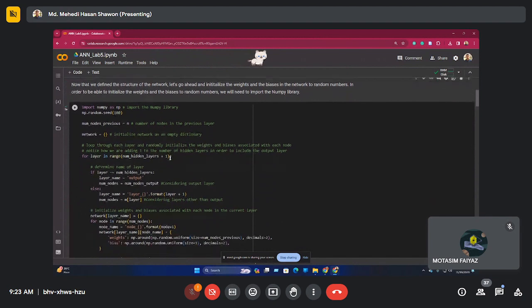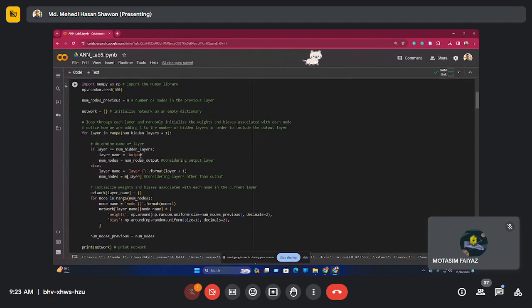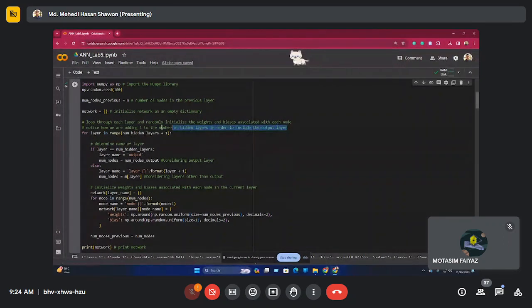Here this is a function file, not a function file actually. There is code to allocate the weights and bias of each neuron. All right. So you can go through the comments and see whatever code is given to you. I'm just giving you the overview that at first we initialize the weights.